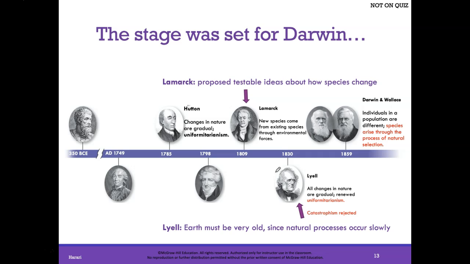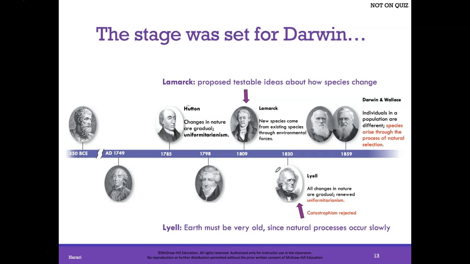Lamarck's ideas were not proven to be correct, but he would basically say that if an organism used one part of their body repeatedly, it would increase their abilities, and it would allow the next generation to inherit that use of that part of the body. So, for example, if an organism, let's say it's a bird, really relies on a long beak in a certain environment, then the next generation of birds will have long beaks because it's needed in that environment.